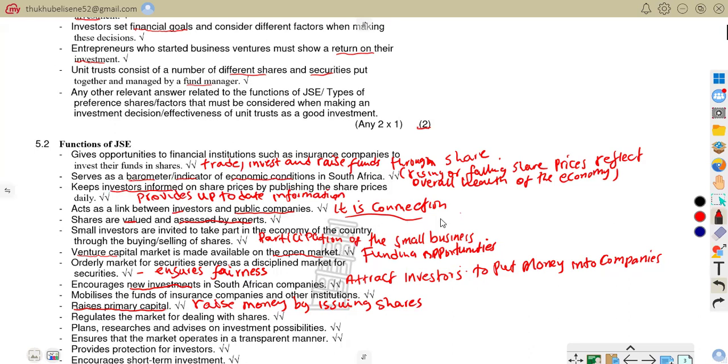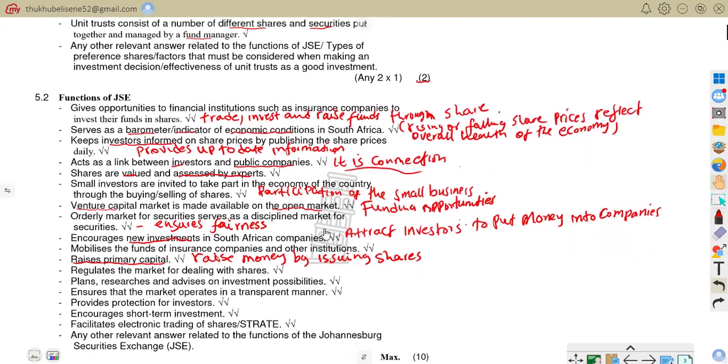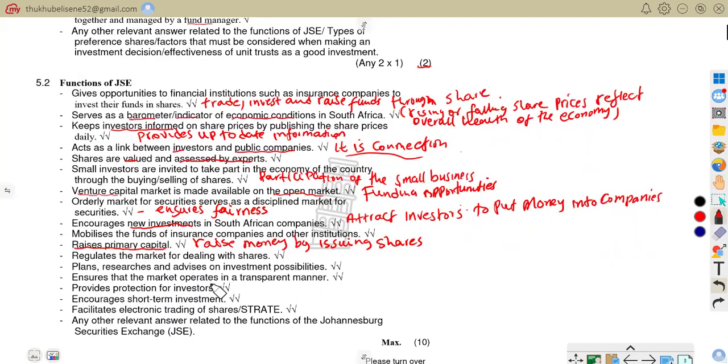Also, moving further on, it says it regulates the market for dealing with shares. That is that. So, meaning to say, it's going to enforce rules to ensure fair play and protect participants.